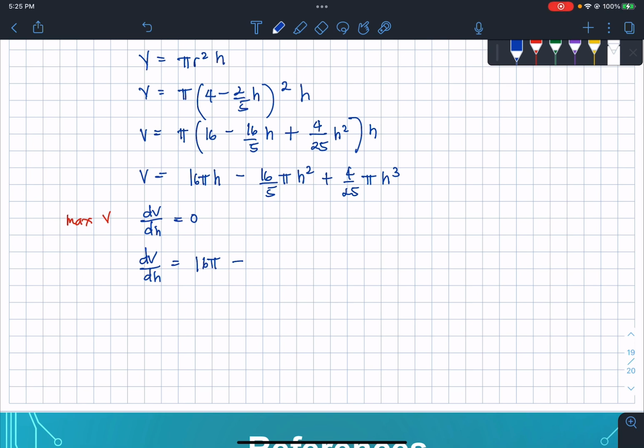So 2 times 16 is 32 over 5 pi h. So h squared is 2h. Then plus, lastly, so h cubed would be 3h squared. So 3 times 4 will have 12 all over 25 pi h squared.